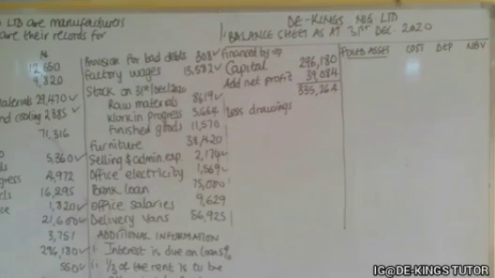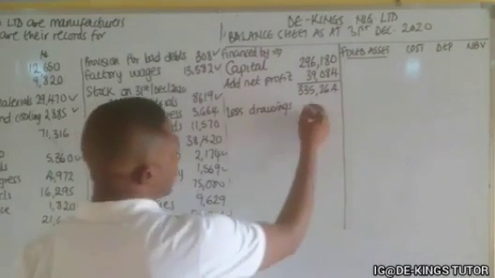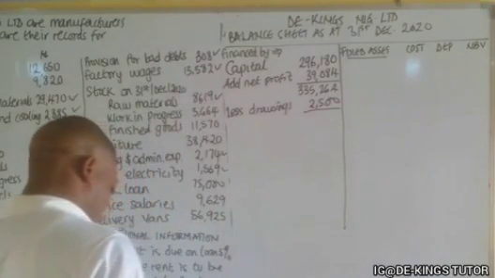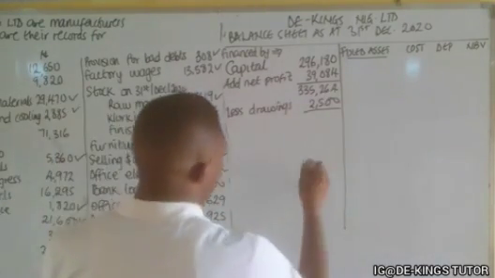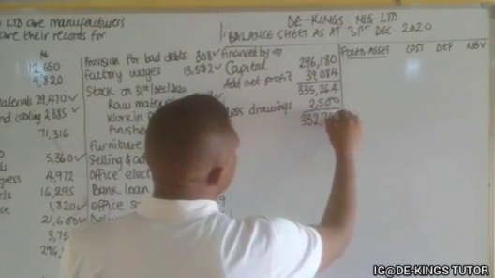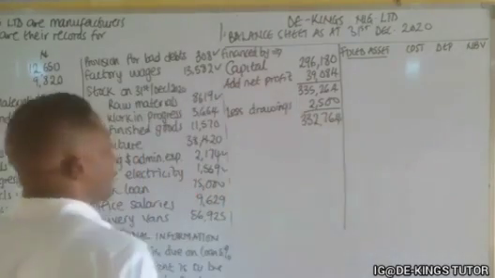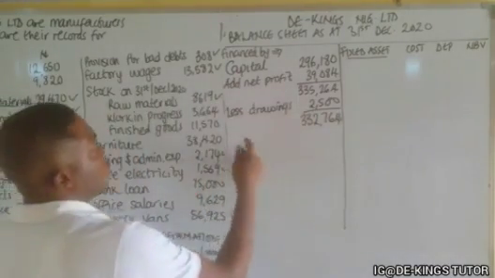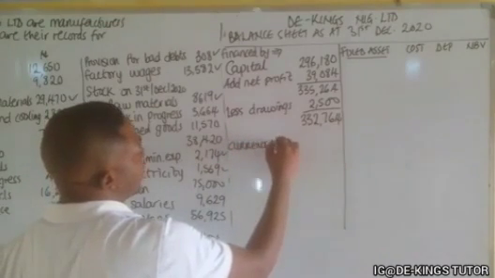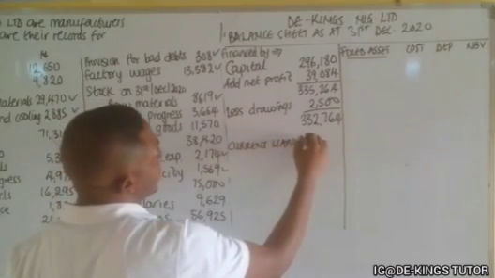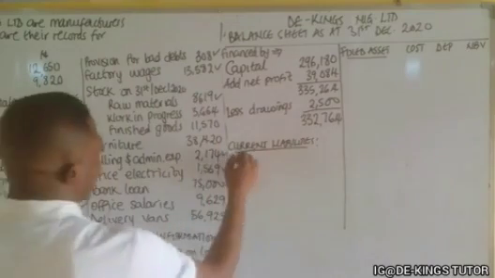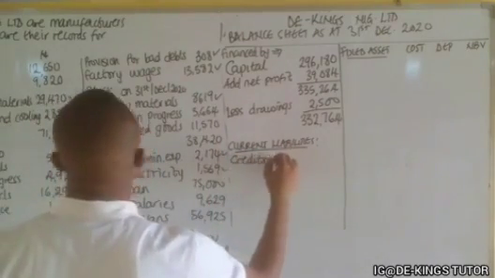Okay. The next is to less drawings. Now we're going to check. Look at drawings here. Drawings is 25. So if we less drawings minus 25, we have 332,764. Okay, now this is all called capital owned, but we're not doing that now. So we have our current liabilities. So current liability, we can have creditors here. Let's check if we have creditor.